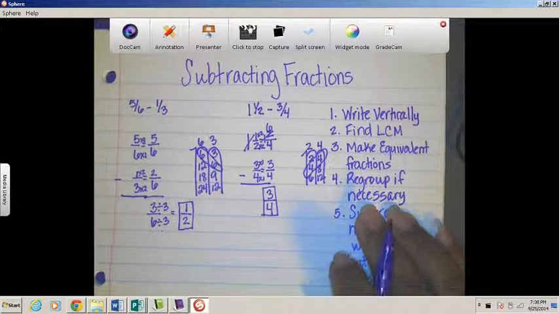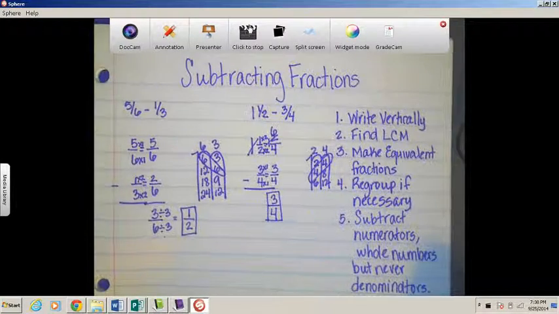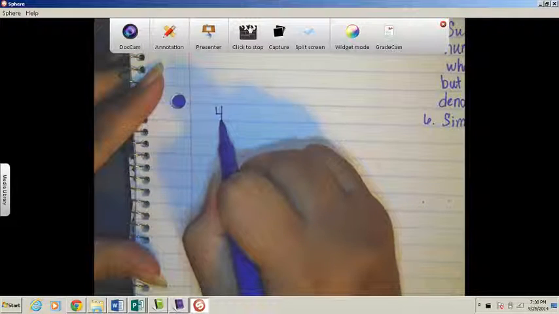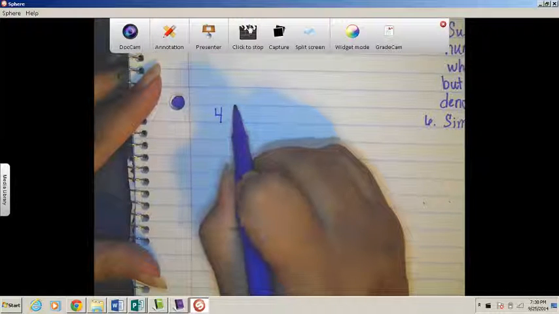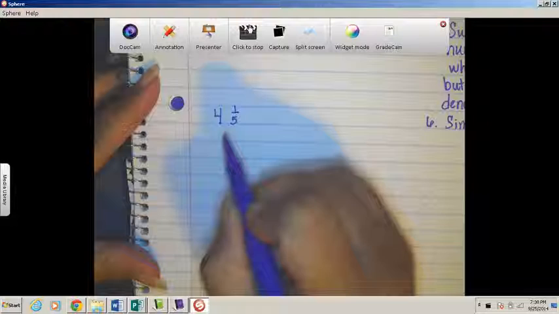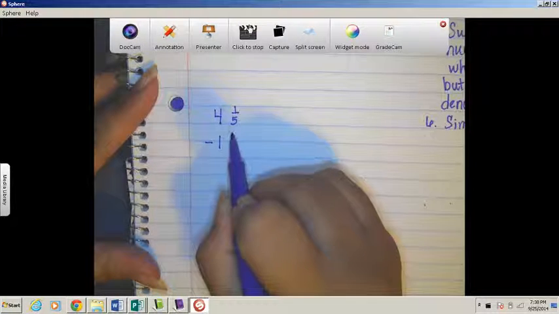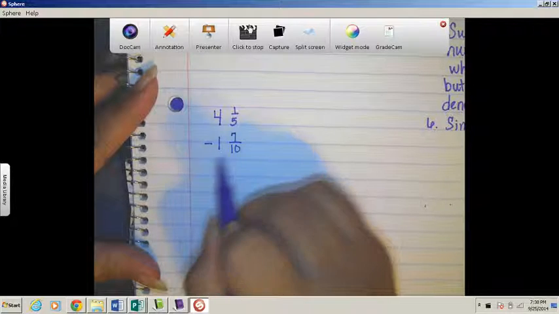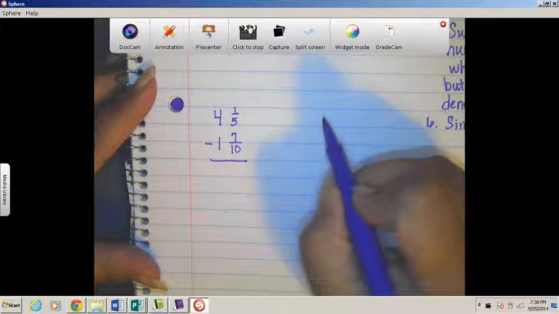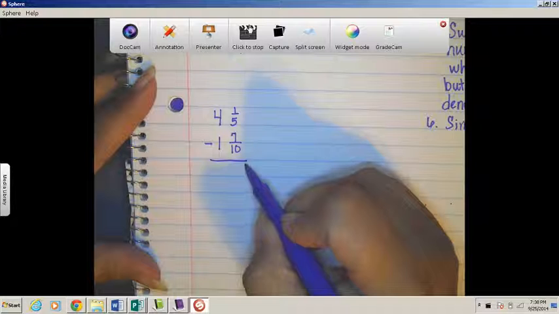Let's try one more regrouping. 4 and 1/5 minus 1 and 7/10. We wrote them vertically.